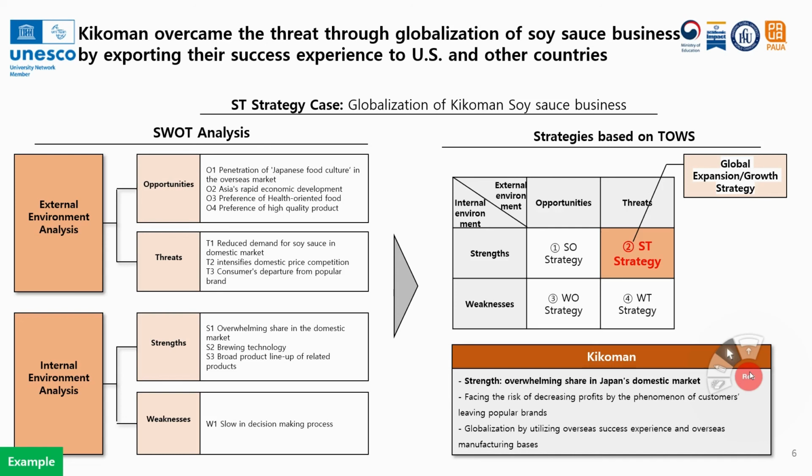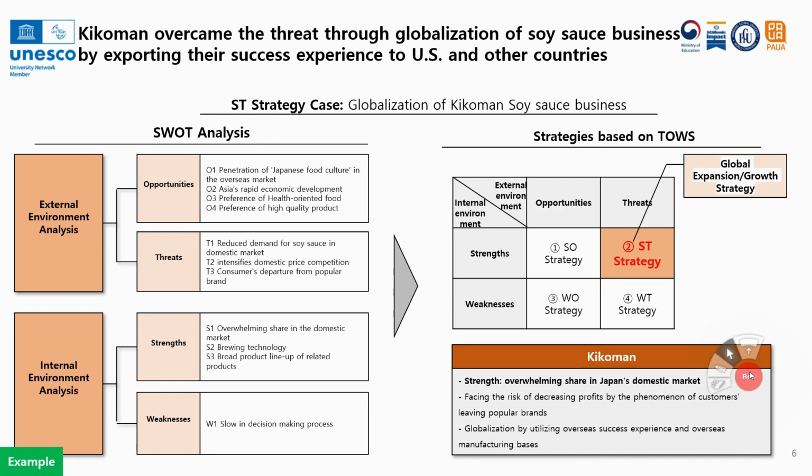So facing the risk of decreasing profits by the phenomenon of customers leaving popular brands for small and sophisticated brands in the domestic market, in order to mitigate the risks, to avoid the threats, they chose globalization by utilizing the overseas success experience and overseas manufacturing bases.